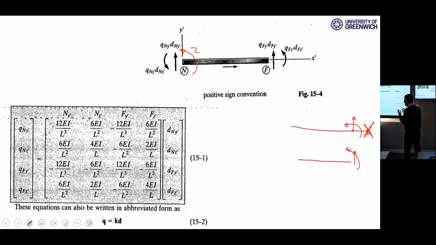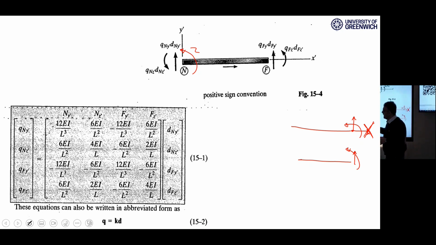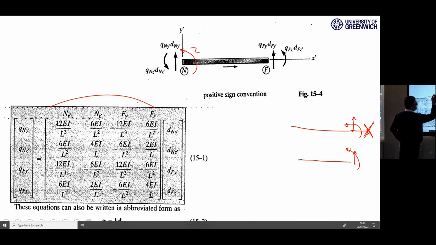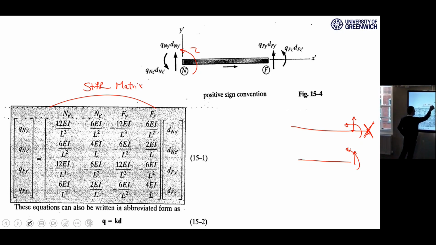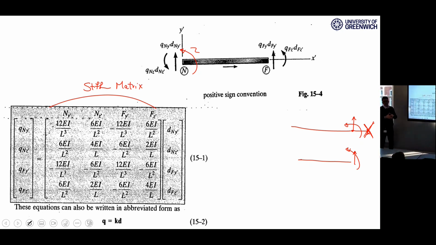It can be demonstrated, it's in your book. This is coming from your book, it's on the Moodle resources and materials section. You can find it simply. You can find there that this is the stiffness matrix. What was the stiffness matrix?